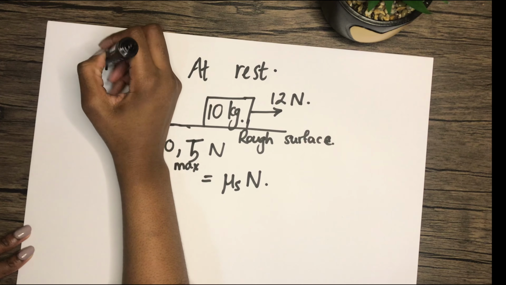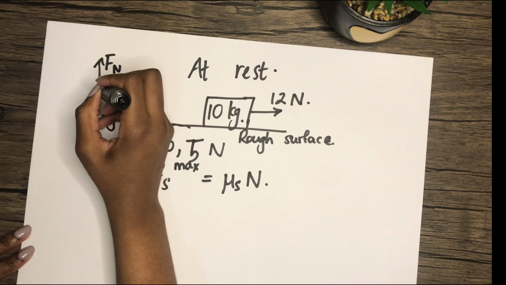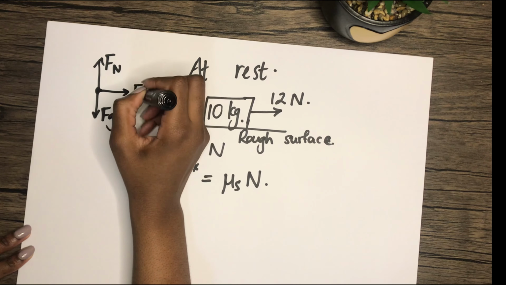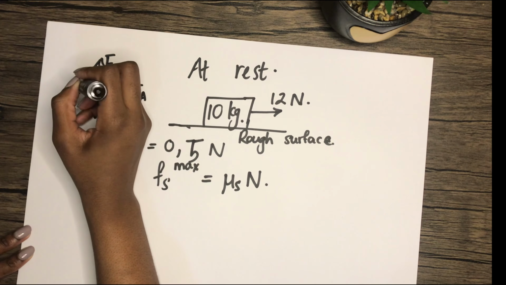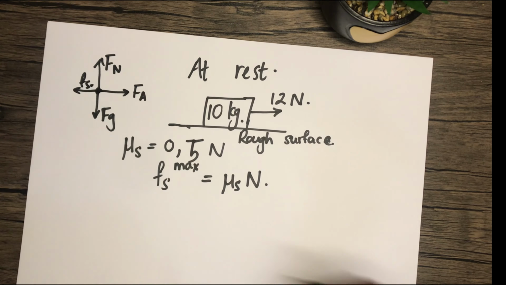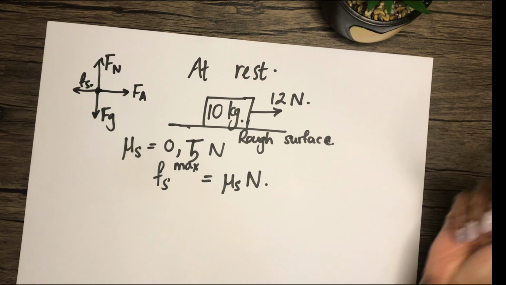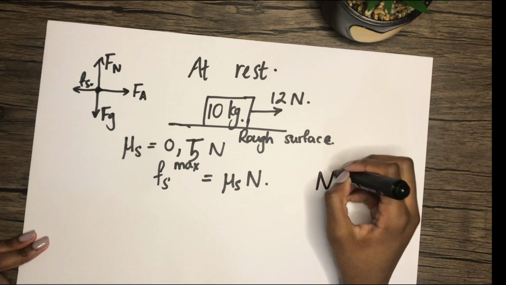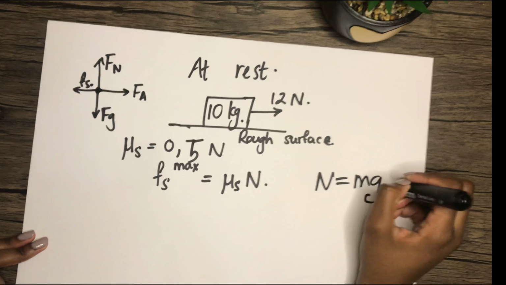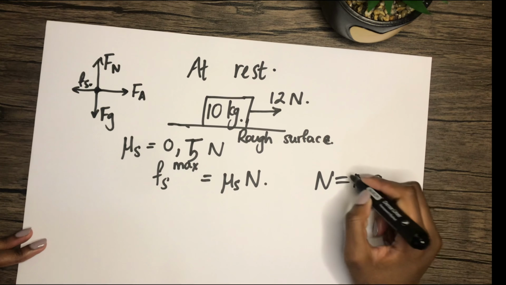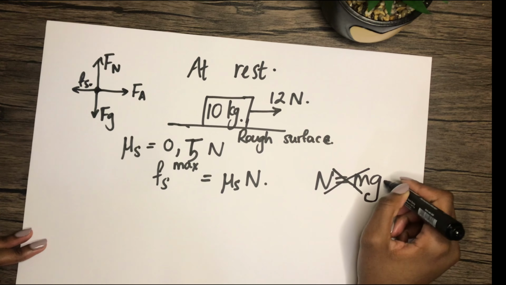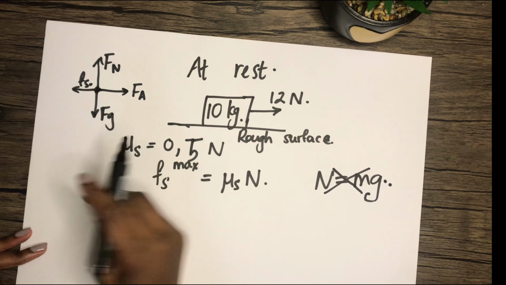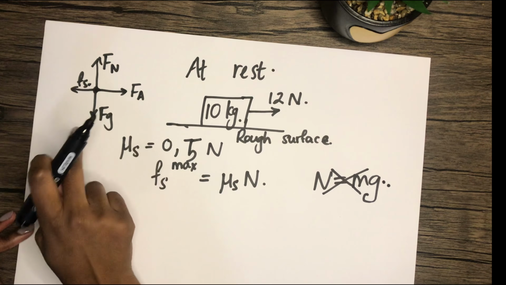So this is how I always go about my calculation of n. Learners often make the mistake of always thinking that n is equal to mg. They think of this as an equation. This is not an equation. This is an expression that we get from our free body diagram.